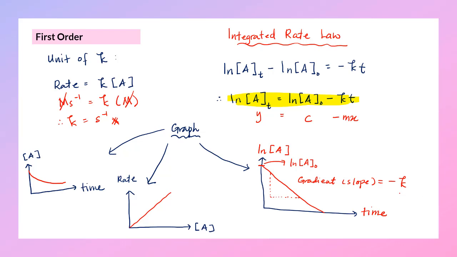So if the question asks you to determine the value of k from the graph, the k value must be a positive value. The negative sign here shows the gradient is a negative slope.